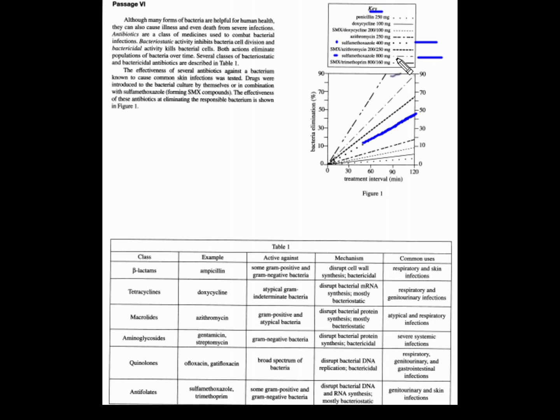And here's the dashed line that matches up right here. You can see that the y-axis says elimination percent. As you increase the treatment interval, the elimination is increasing. So that's a direct relationship. The more you use, the longer the time, the more effective you are at eliminating that.